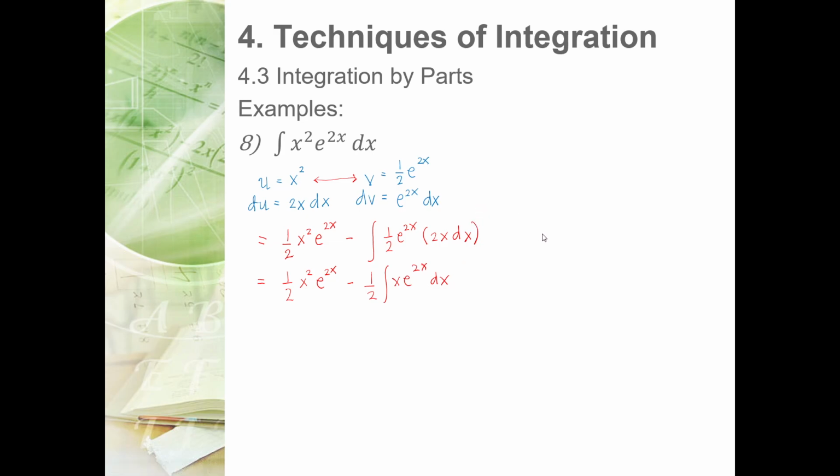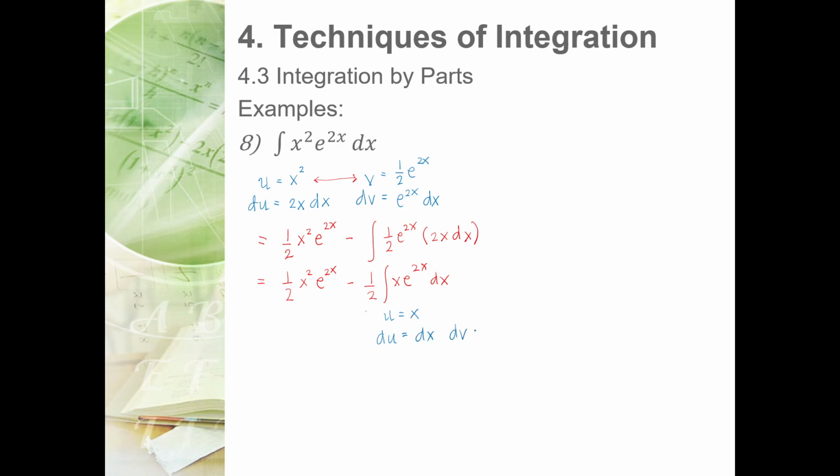So it's still algebraic against exponential function. So again, we have to do integration by parts again. So in most cases, you do integration by parts at least twice, or worst case scenario, thrice. Okay, so let u be equal to x, and then du would be equal to dx.